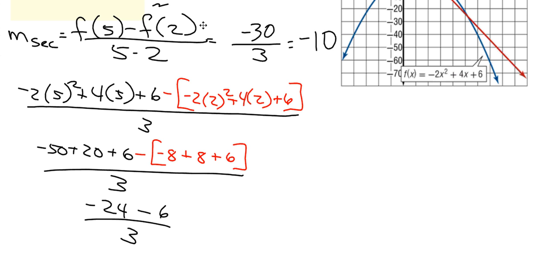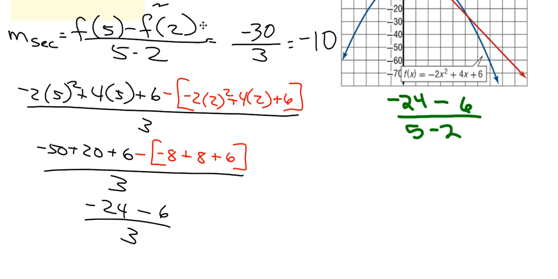And so if you found these as f of 5, which was negative 24, minus f of 2, which is 6, over 5 minus 2, that's what you're going to do on that one. And so it is just finding that ordered pair x and y and figuring out what they are, but it is a little bit tricky.